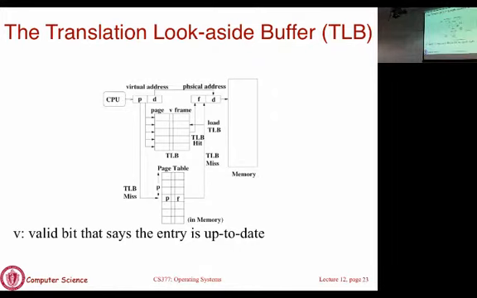Yes? How often do you check to see that the values in cache are still valid? Okay, so how often do you check whether the values in cache are still valid? You'll see that there's a valid bit here that simply says whether the entry is valid or not. You are not actually going to do any special checks at all. What you will do is the process will simply continue execution. Every address you will do this translation, and if the entry is there, you do nothing.